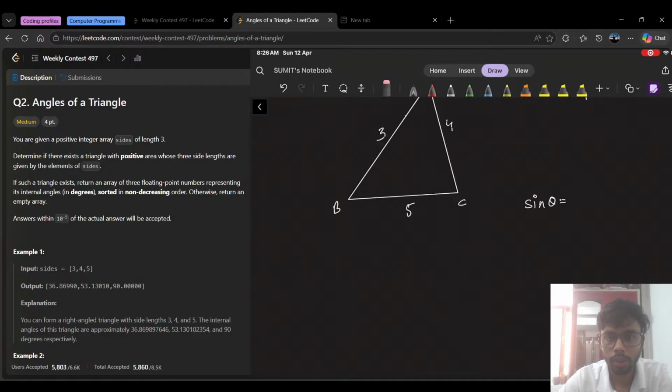If I get a plus b less than or equal to c, or a plus c less than or equal to b, or b plus c less than or equal to a, if this happens, I just have to return an empty array, right? Okay, this is fine now.